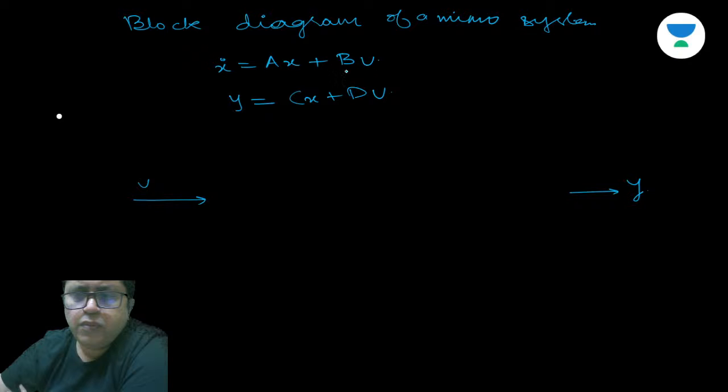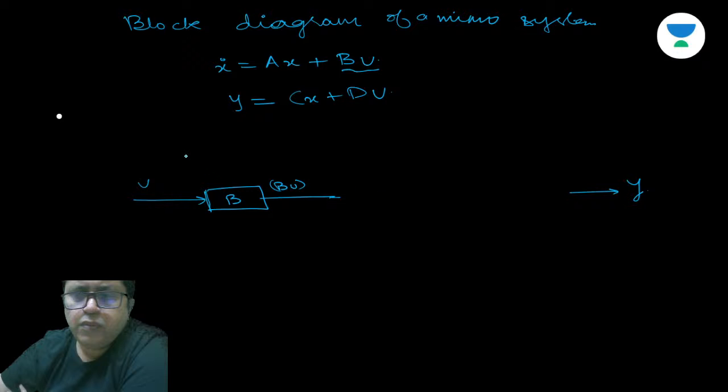If I multiply u with B, I will get Bu, which is associated with x dot.